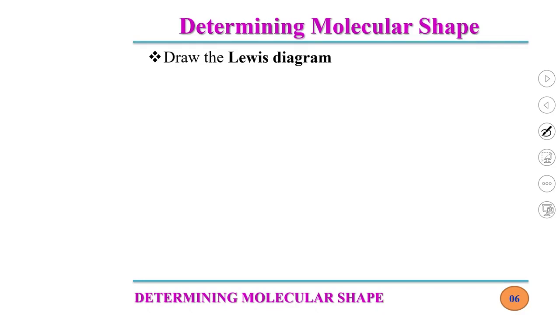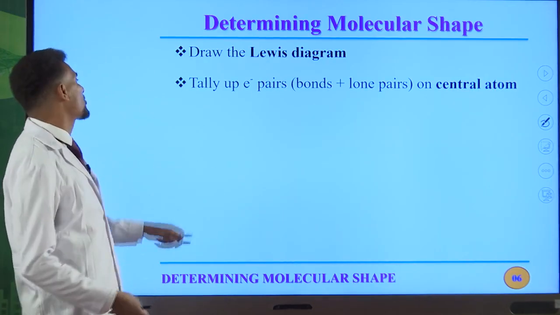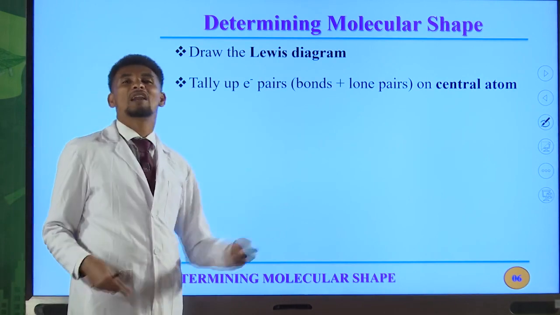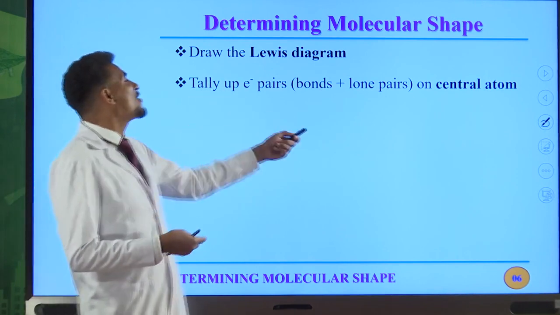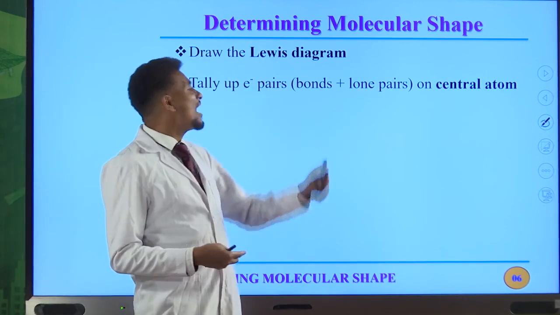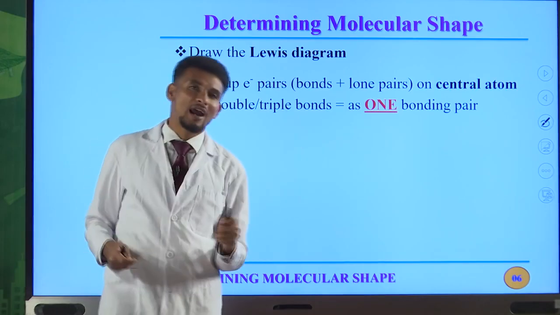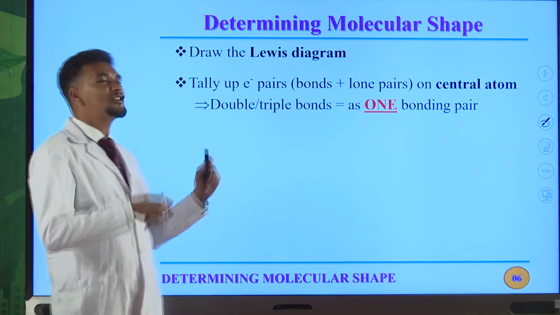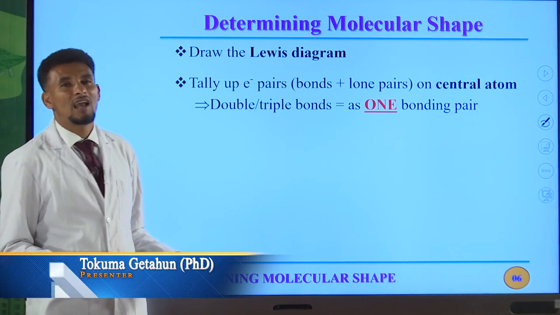So how can we determine the molecular shape of a molecule? First, you must draw the Lewis diagram. This is your first step to predict the shapes of molecules. The second one, tally up or count electron pairs, both bonding pairs of electrons as well as lone pairs of electrons on the central atom. Let me tell you one thing. This VSEPR model predicts the shapes of many molecules and polyatomic ions.